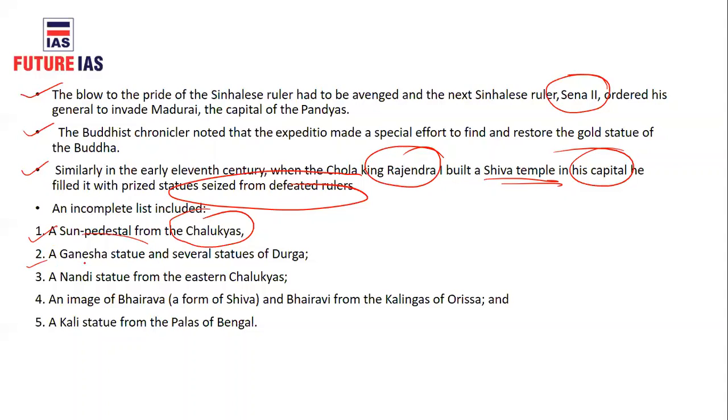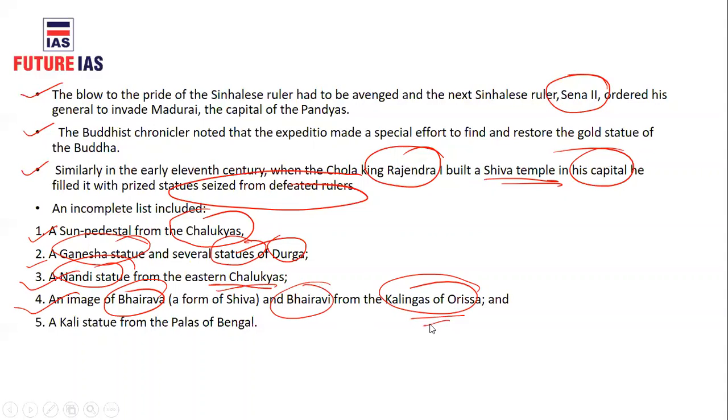The Ganesha statues and several statues of Durga were also brought. The Nandi statue was also brought from the Eastern Chalukyas. Okay, the images of Bhairava were brought from the Kalingas of Orissa, isn't it? The images of Bhairavi were also brought from the Kalingas of Orissa. The Kali statue was also brought from the Palas of Bengal. So all such statues were brought after defeating the rulers.